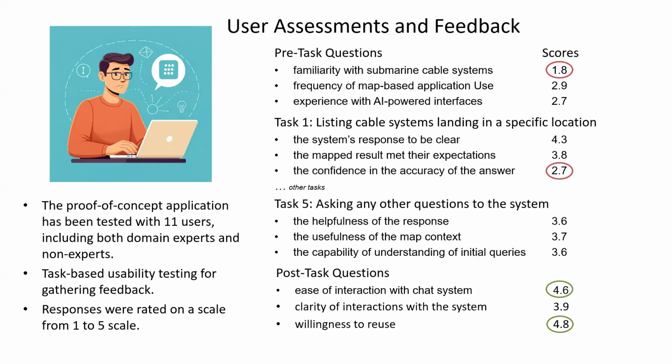The other highlight is 2.7. Their confidence in the accuracy of answers was low, lower than 3, because these users probably don't know anything about submarine cable systems, and they don't know if the model is giving them a correct response or not.